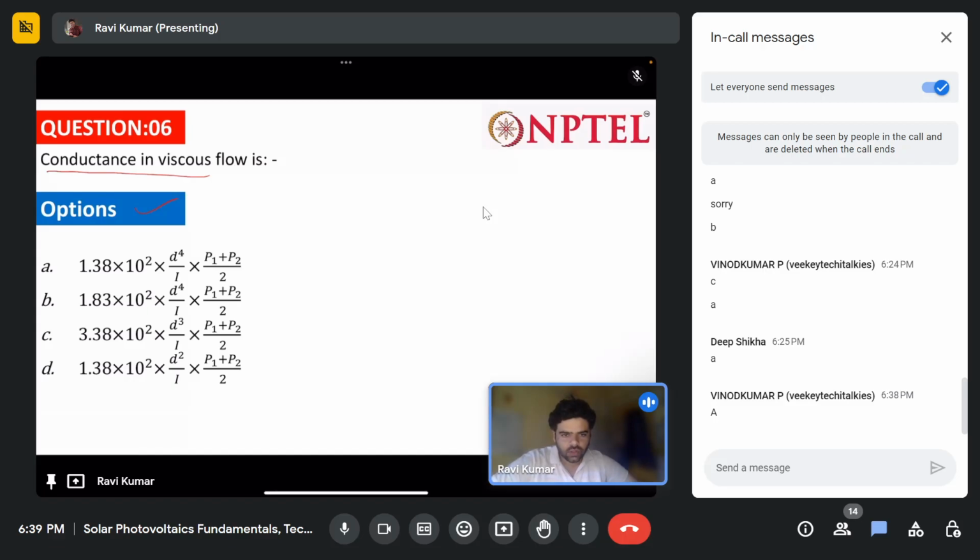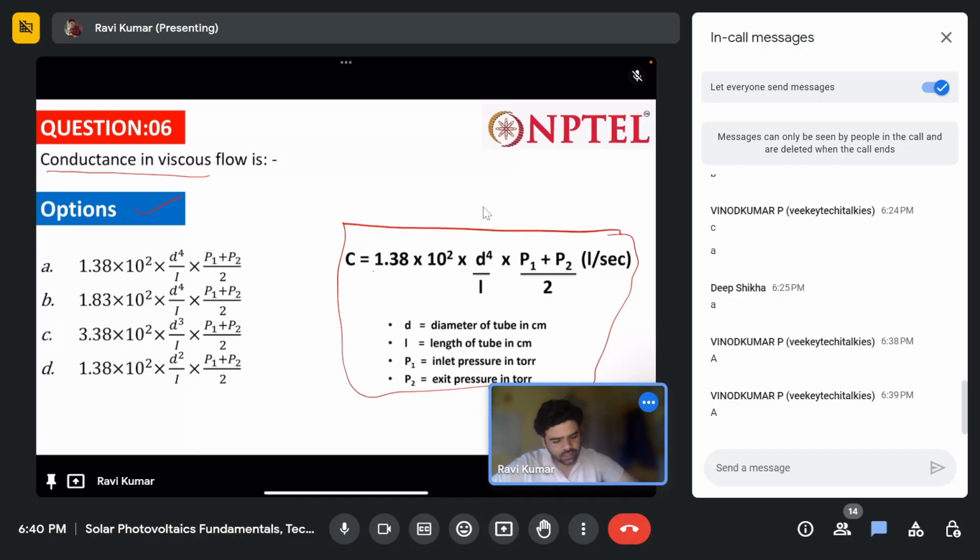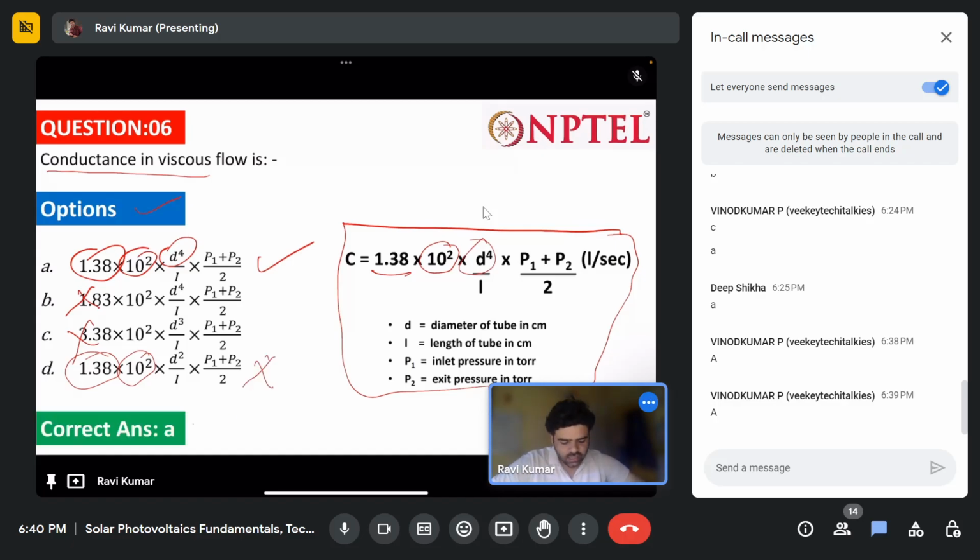If you haven't gone through it, you can see this is the formula for conductance in viscous flow. Yes, it is A. So the answer here is A.